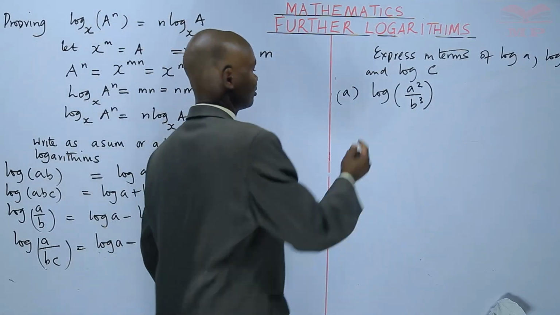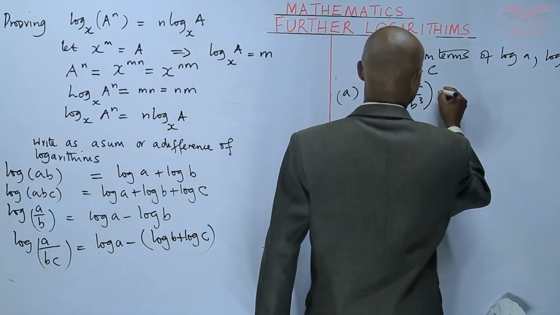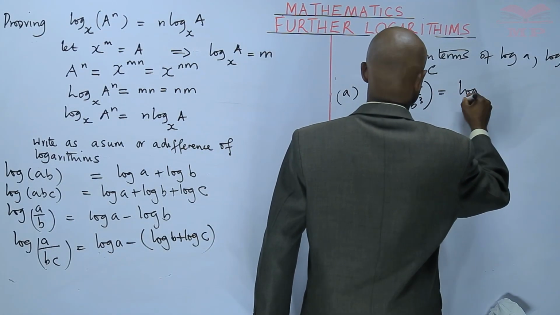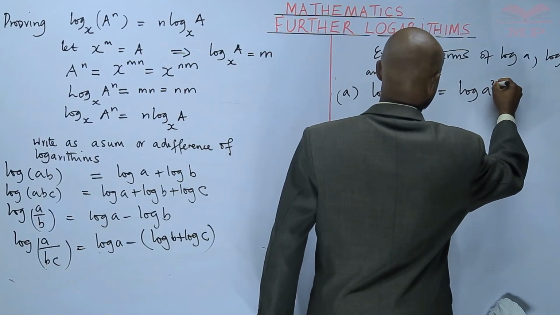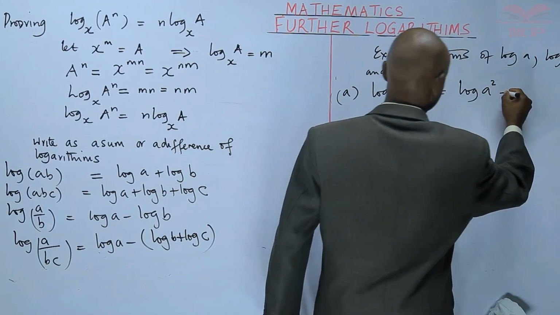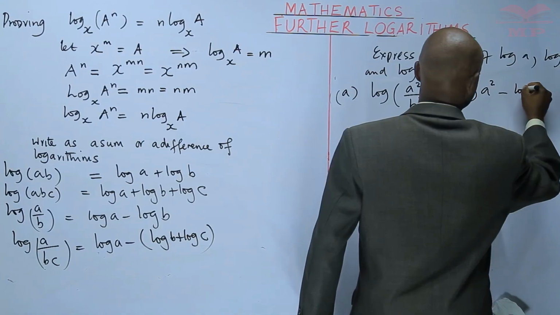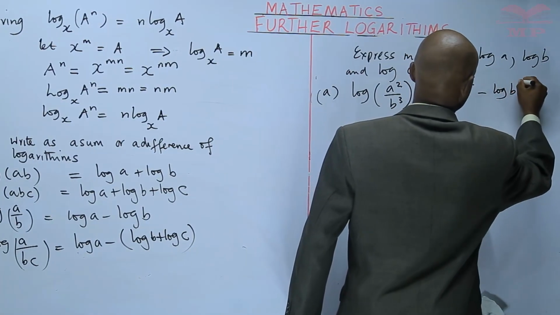It simply becomes log A squared subtract log B cubed.